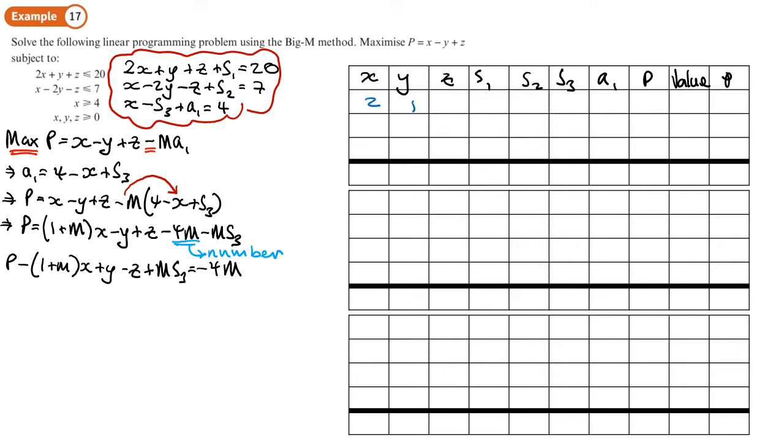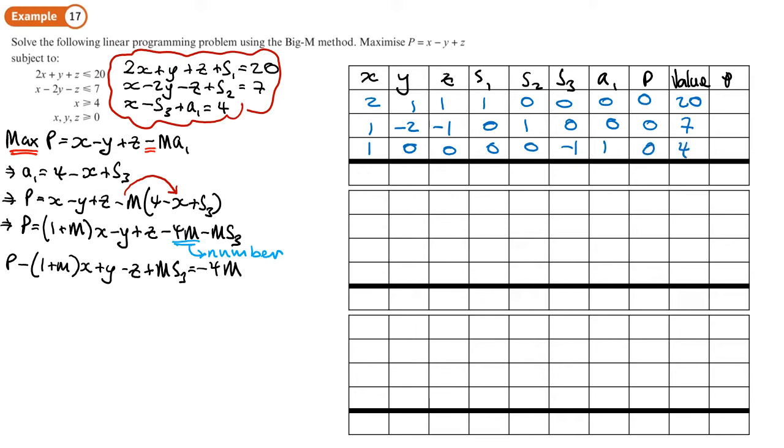So we've got 2x plus y plus z plus s1 is equal to 20. That's equation number 1. Equation number 2 is x minus 2y minus z plus s2 equals 7. And the third equation is x minus s3 plus a equals 4.